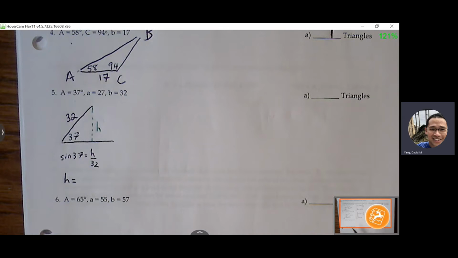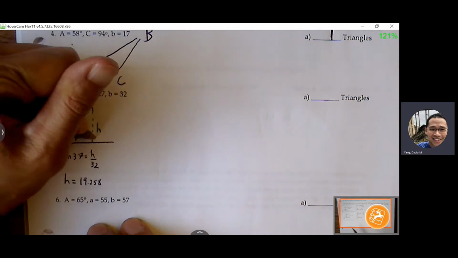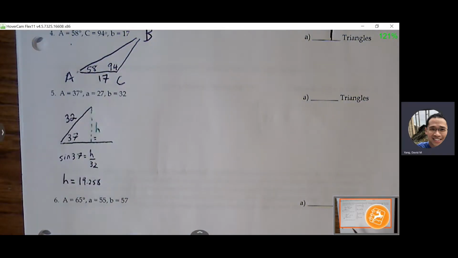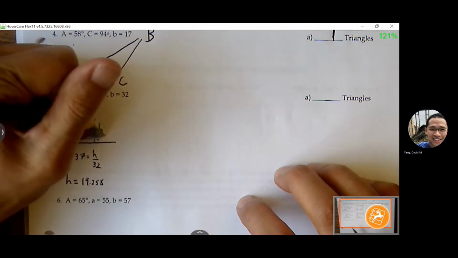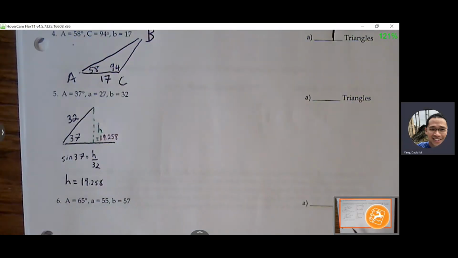Cross multiply, 32 sine 37. Okay, what's h equal to?